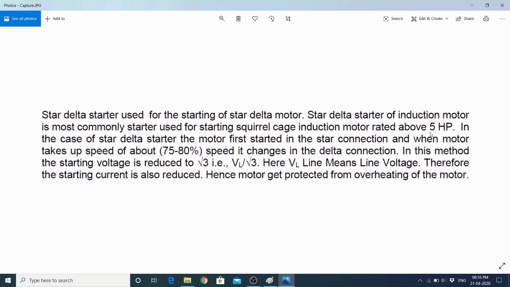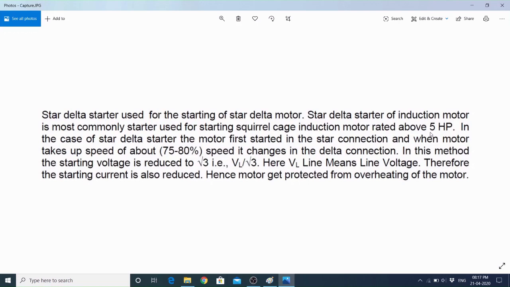Okay, more than 5 horsepower motor starts with the start delta starter. Below 5 HP, the induction motor starts with direct online starter, that is DOL starter, and more than 15 HP induction motor starts with the auto transformer.